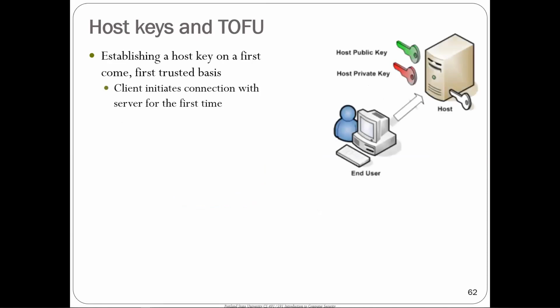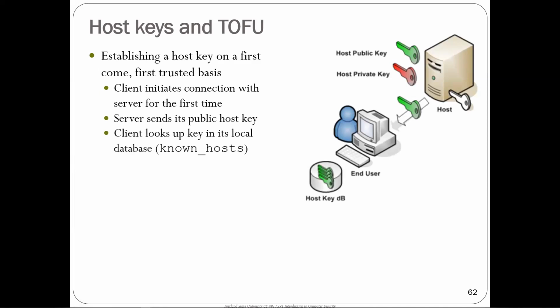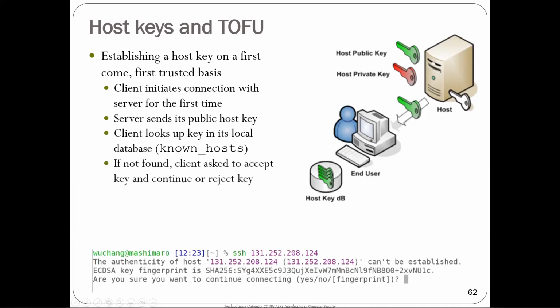The client initiates this connection with the server for the very first time, and the server sends its public key back to the client. The client figures out whether it has seen this before by looking up a database of known hosts. If the client has never seen this key or this server before, it will ask the user whether to accept the key and continue or reject the key. And then you'll be like, yes, accept it.